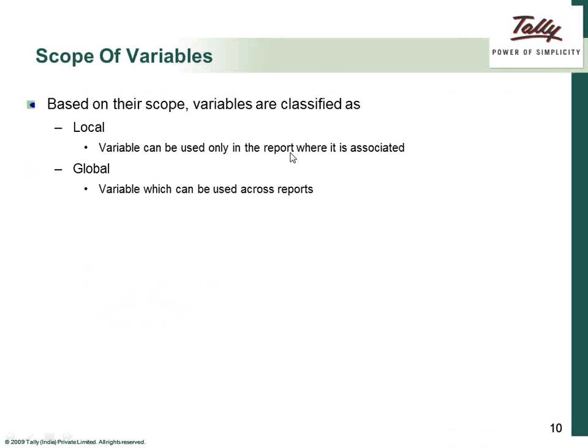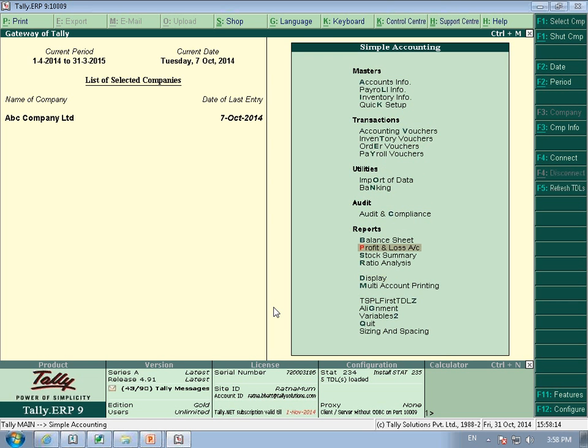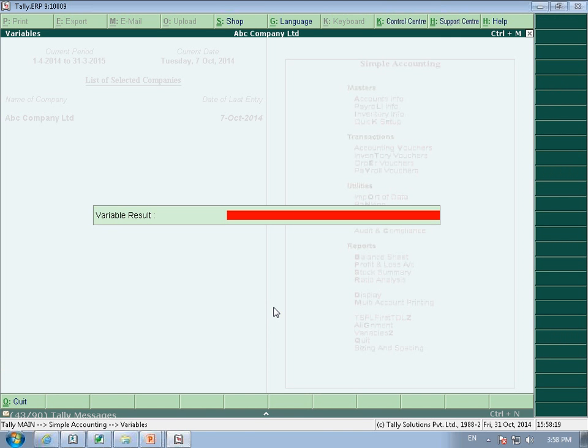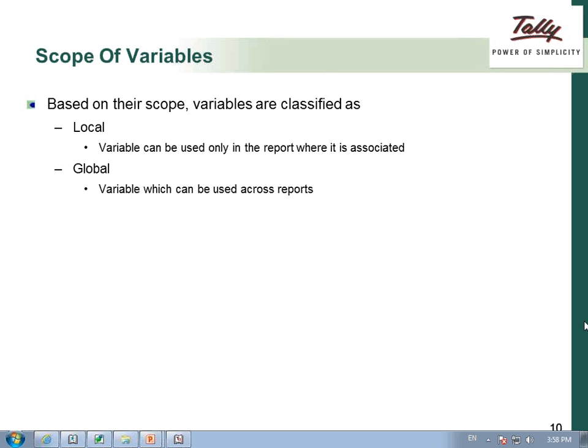Now, coming back to this important thing, the question that we still have facing with the problem, my variable value is not displayed. The reason is scope. Mere declaration of variable does not make sense.